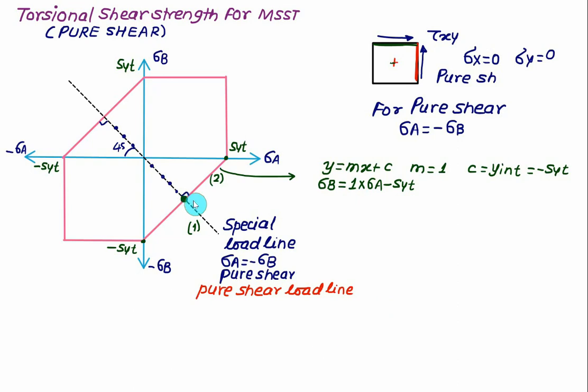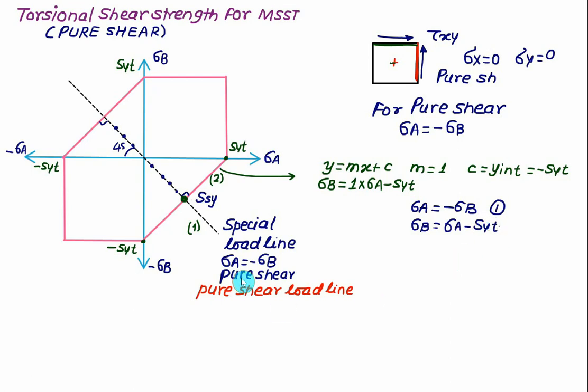So this value represents the torsional shear strength, that is, the shear strength at yield. The equation for line 1 is sigma A is equal to negative of sigma B, and the fence has equation 2, that is sigma B is equal to sigma A minus Syt.